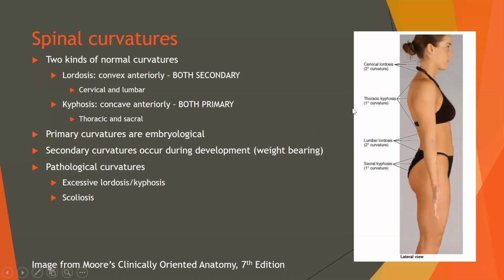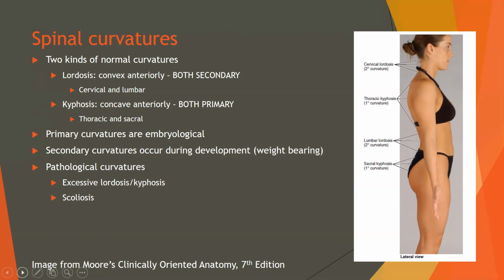So hunchbacks, that's the bad amount of kyphosis. Lordosis is tricky, sometimes pathological lordoses develop during pregnancy, but they usually go away once the child is born. And then scoliosis is when your spine is bending laterally, which it's obviously not supposed to do.